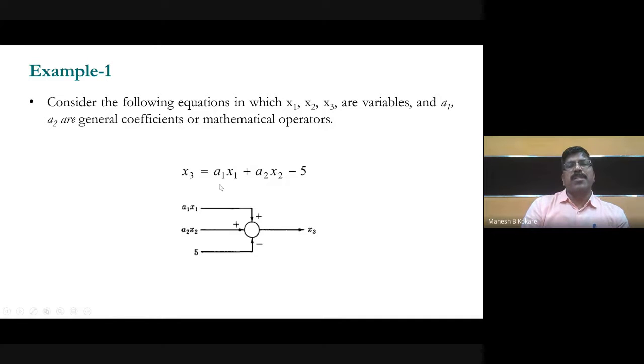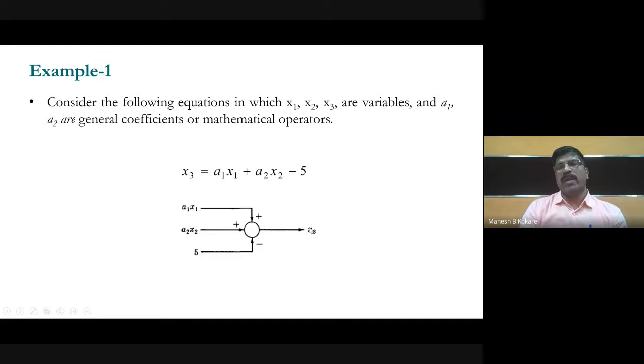This can be represented like, for example, a1 x1 is one signal which is added at this summing point. Then a2 x2 is another signal which is added, and then minus phi u is subtracted from this one. So by using the summing point, we can represent this. Your x3 will be just the summation of a1 x1 plus a2 x2 minus phi u.